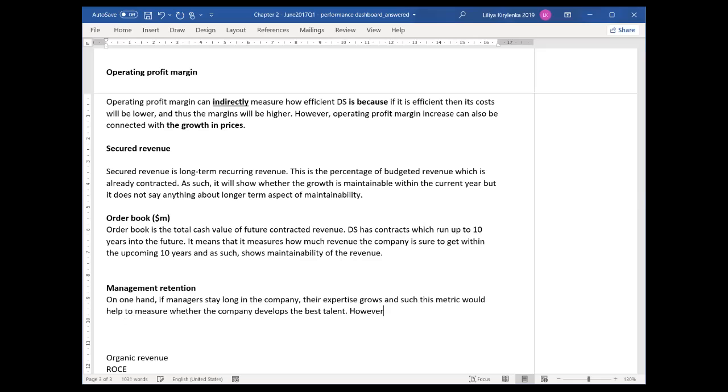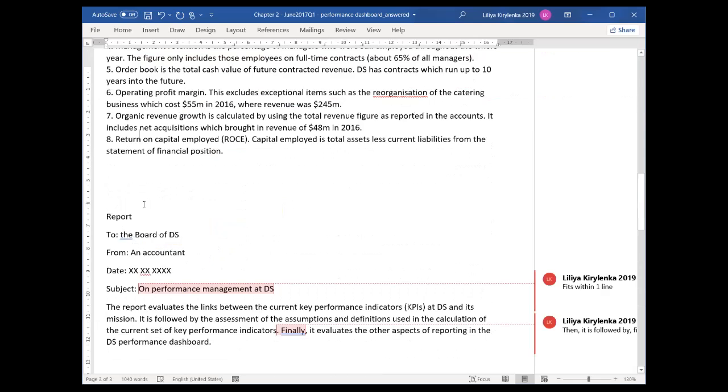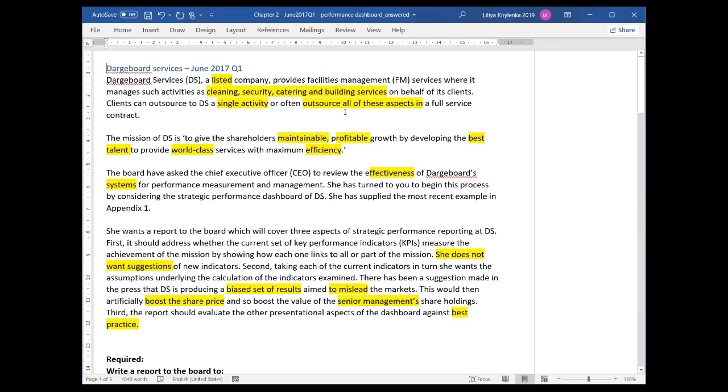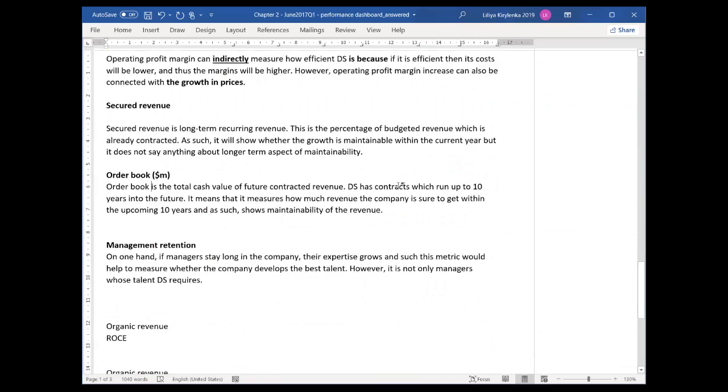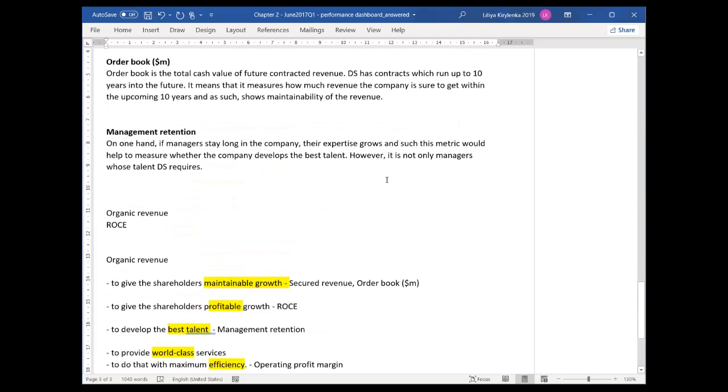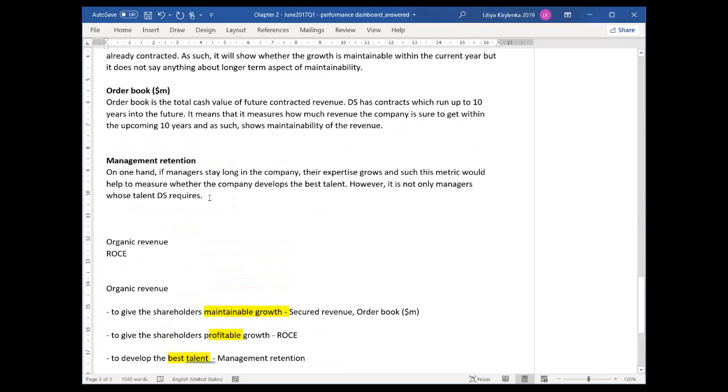However, it is not only managers whose talent dashboard services requires. Why? Well, let us see what the company does. It's some management services. Well, maybe there are some employees that would need to delight customers.